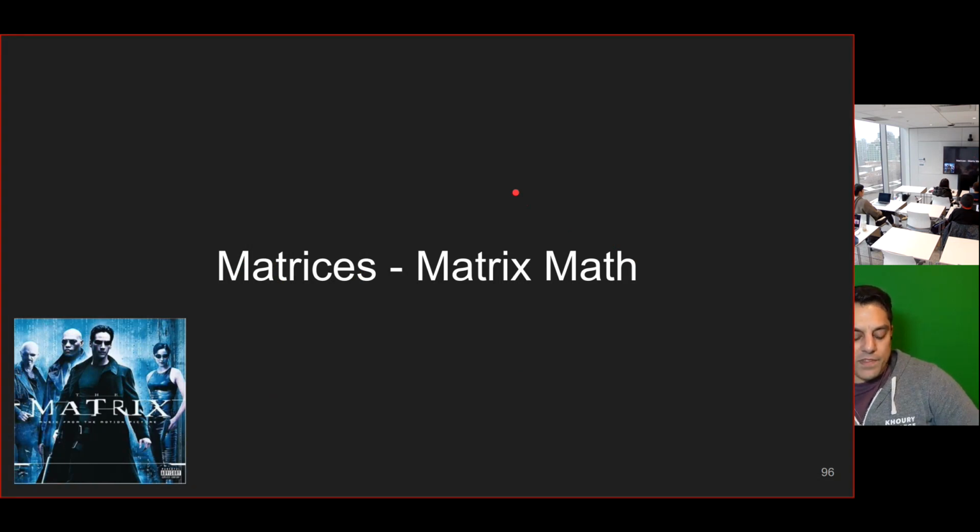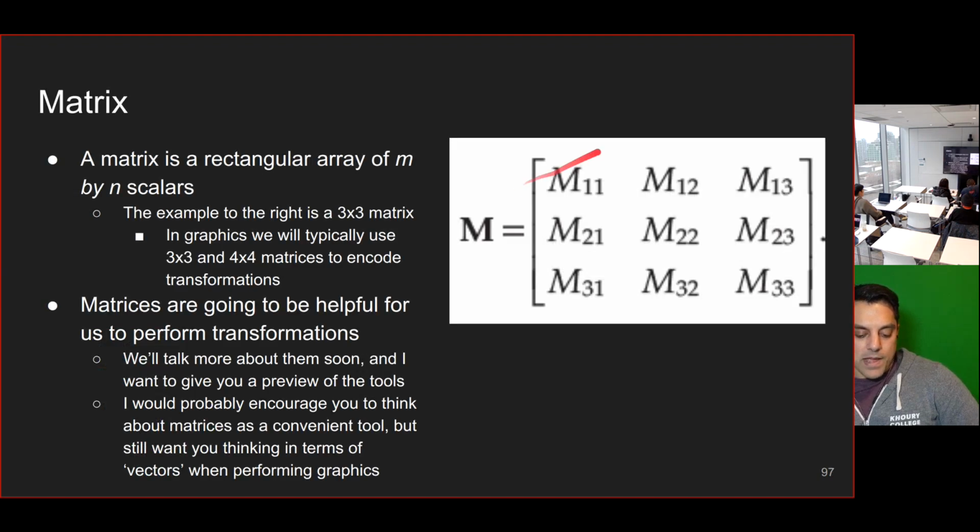Okay, so with that said, the next topic that I want to talk about, and then we'll take a break here in a moment, is matrices. And again, this is a collection of values. So basically, this is a compact way to represent some transformation. Now, how to read matrices depends on if they're column or row.